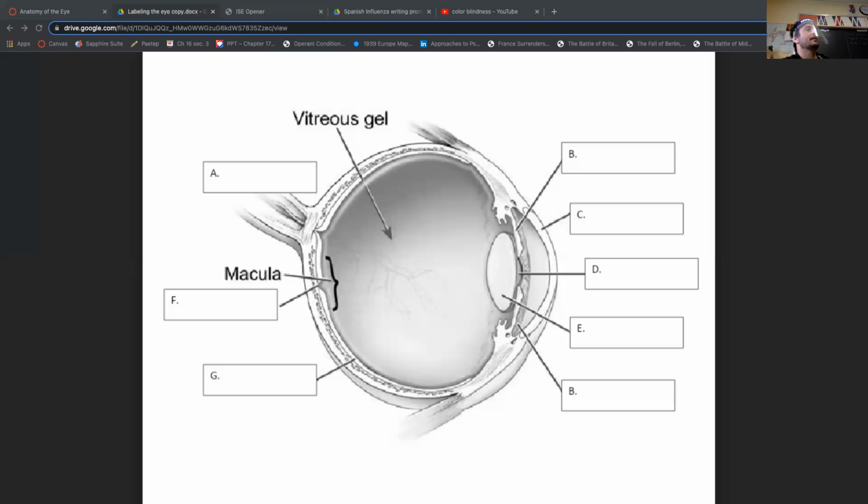Good. B, what do we have for B? Christian, what do you got? Yeah, the iris. Good job. So we know that the iris is here, B. And what's its main function, Christian? Color of your eye, and what else? Yeah, good job. So depending on how bright that light is, it is going to retract that light to be reflected to the back of the retina.